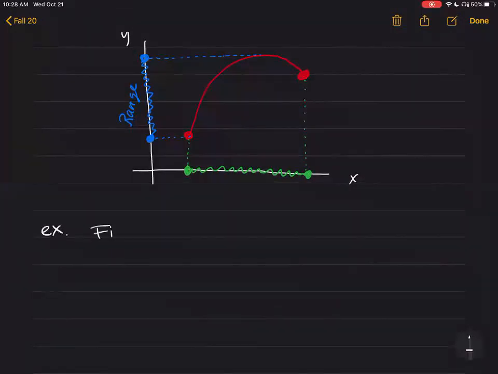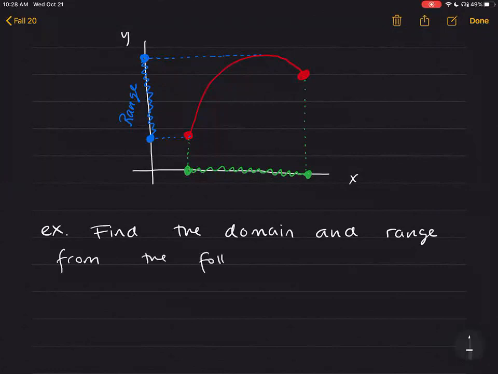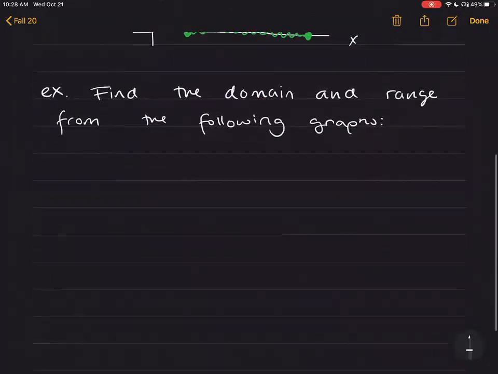So let's find the domain and the range from the following graphs.